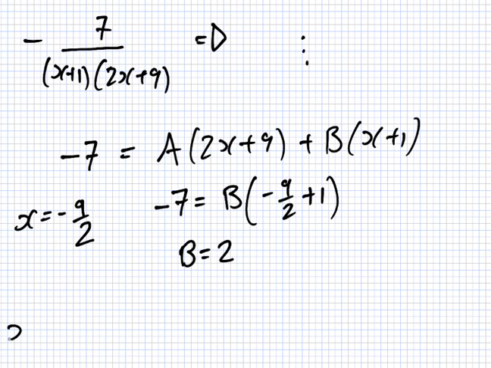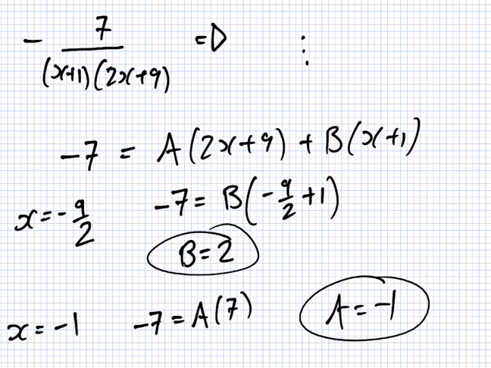And then if I let x equal minus 1, I get minus 7 equals a times 7. So a equals minus 1. Okay, so that's great. We have our A and our B.